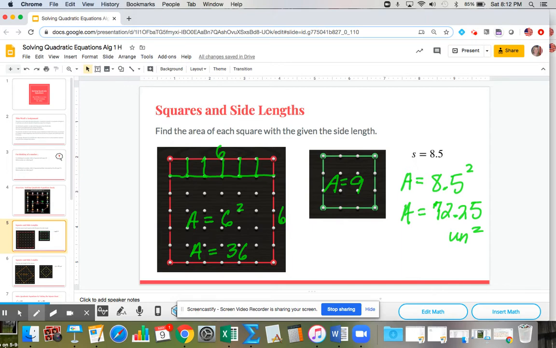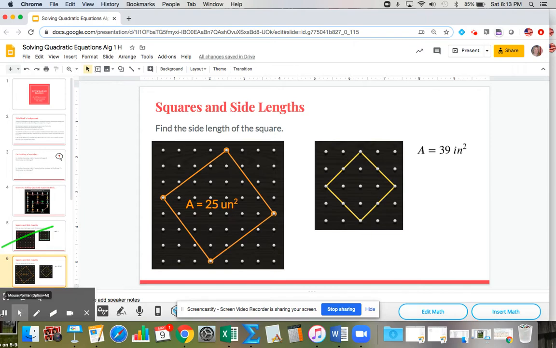So the relationship between a square and its area actually plays a part in what we'll be doing today with solving quadratic equations. So let's look at the next example. In this example, we are given the area of a square, and the area of the square, we're told, is 25 square units, and we're asked to find the side length.